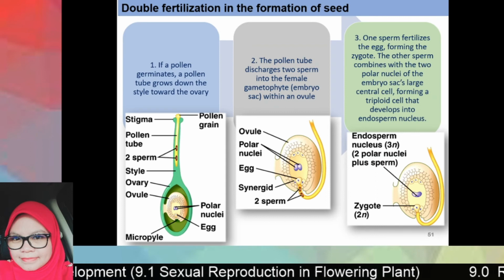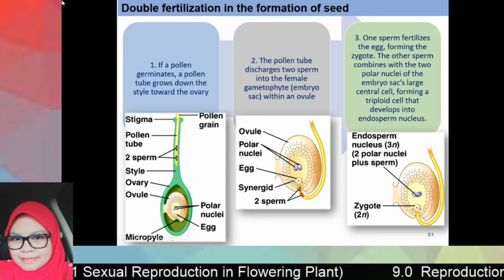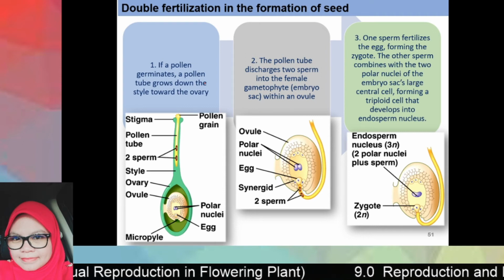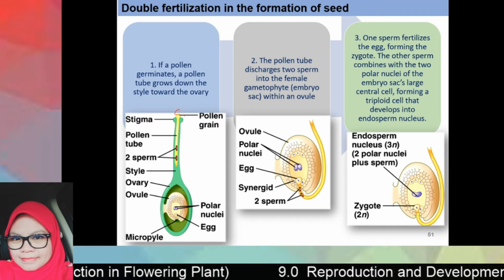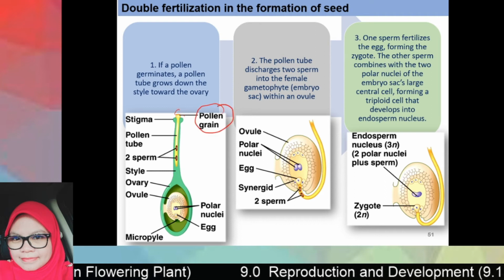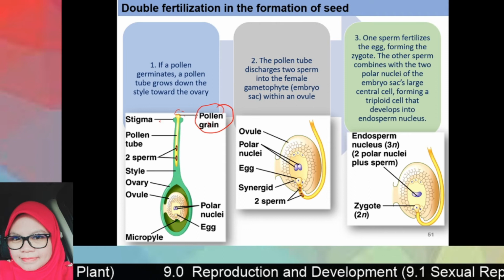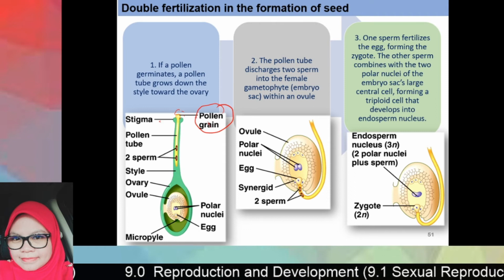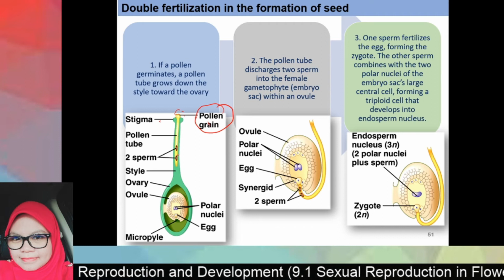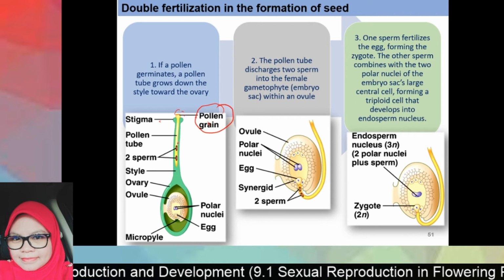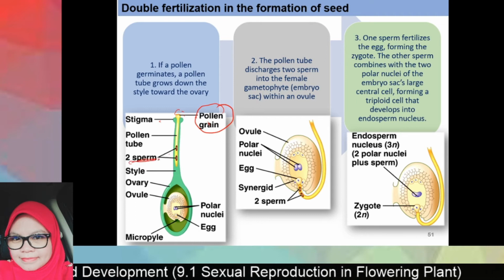Again, this is the explanation of double fertilization. When pollination occurs, the pollen grain, which is the male gametophyte, lands onto the stigma and absorbs moisture. Then the pollen grain will germinate, and the tube cell will form the pollen tube. The generative cell undergoes mitosis to form two sperm.